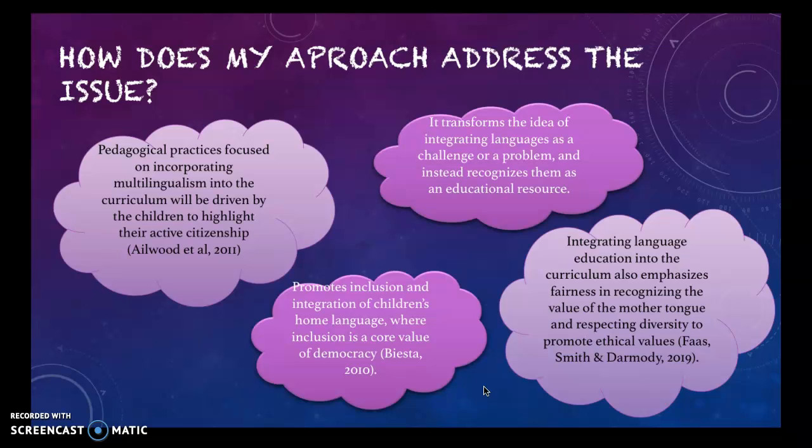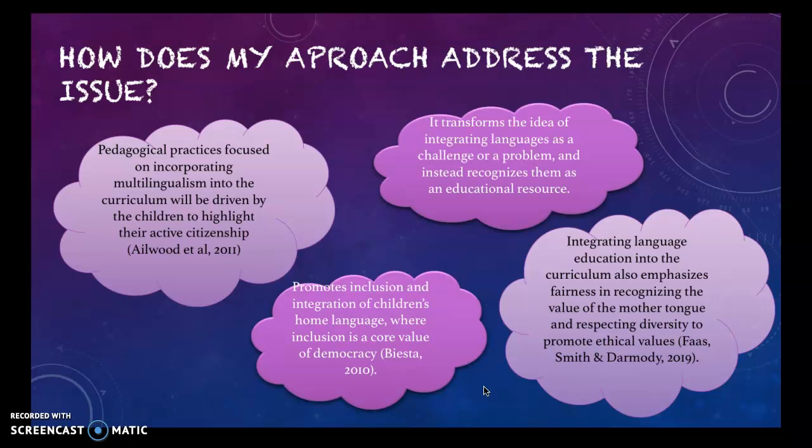So this is the idea that if language learning is incorporated into the curriculum, then children are being promoted as active citizens because their languages are driving the curriculum and thus driving pedagogies, etc. The second one promotes inclusion and integration of children's home languages, where inclusion is a core value of democracy. So by integrating languages into the curriculum and pedagogies, my approach promotes inclusion, which is a core value of democracy, in that all children are involved and included no matter what linguistic background they have.